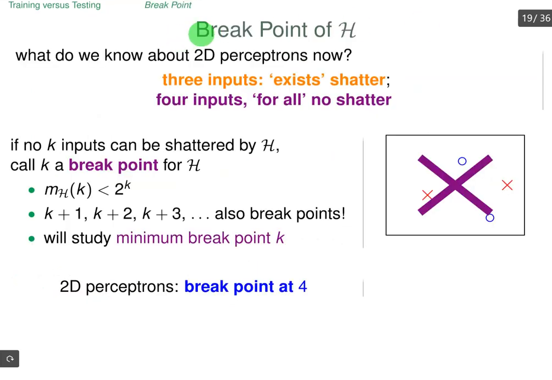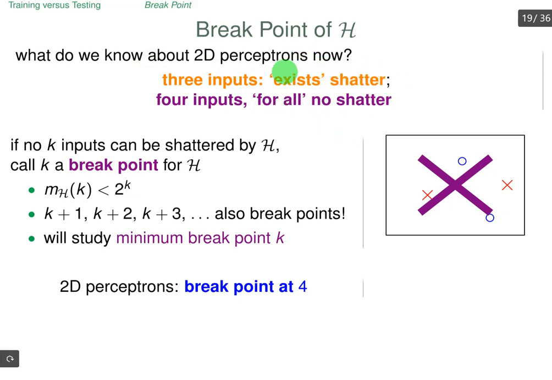Let me introduce a definition called a breakpoint of a hypothesis class. If you take perceptrons or lines in 2D, what do we know about them? We have seen that perceptrons can deal with 3 inputs, providing all possible labels.